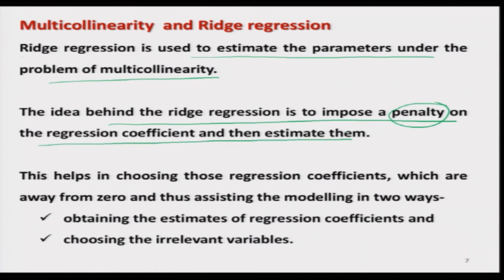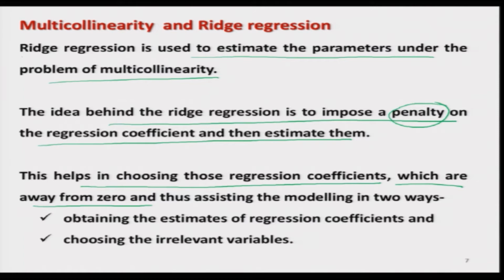What is this penalty? We will try to understand it in the next couple of slides. But this imposition of penalty helps us in getting a good value of the regression coefficient, and helps in choosing those regression coefficients which are away from 0.